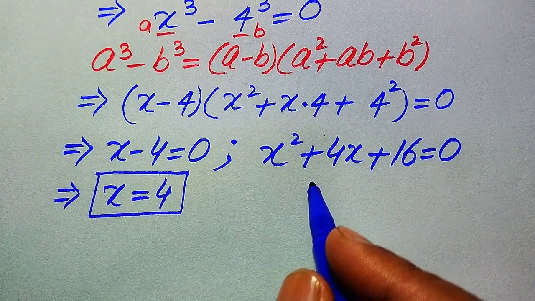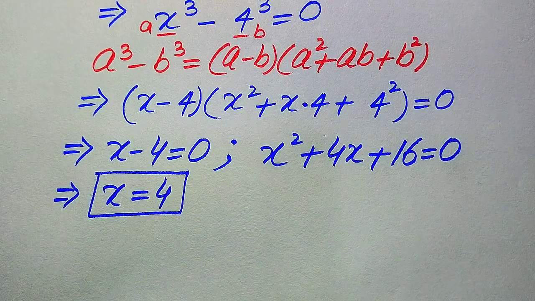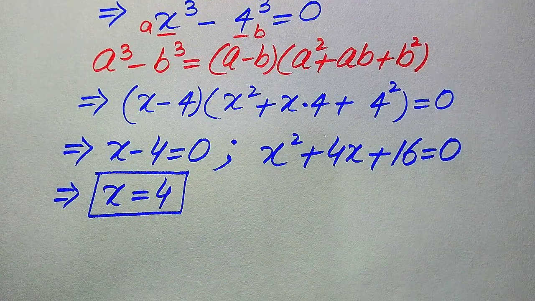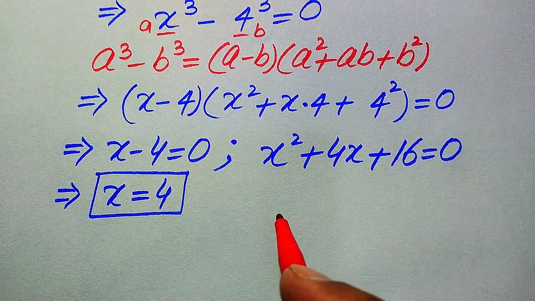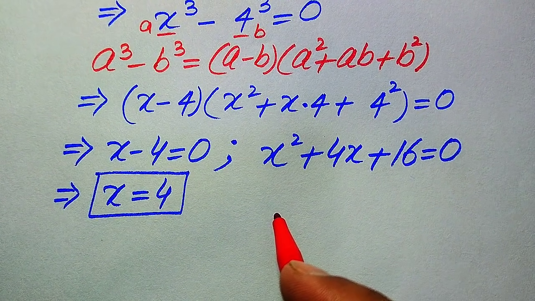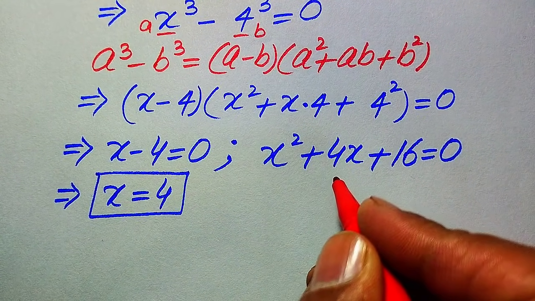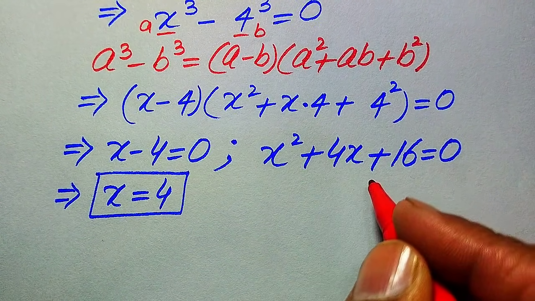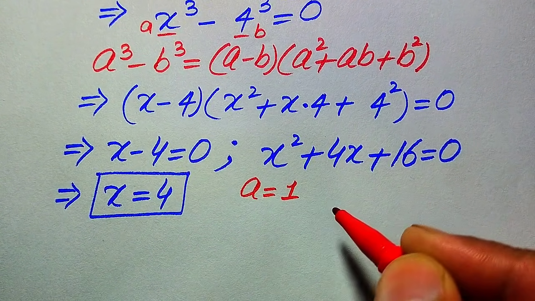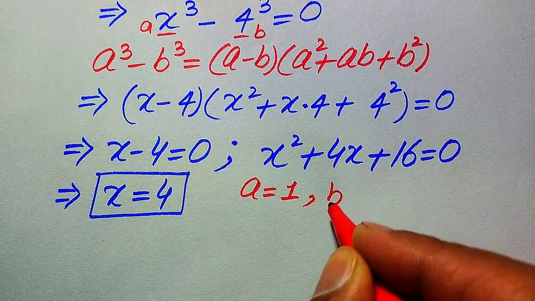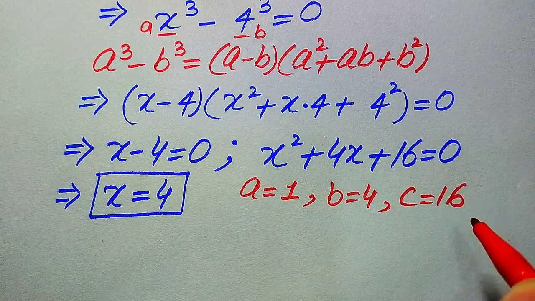Now in order to find the other two roots, we need to solve this quadratic equation. You know that there are three methods to solve a quadratic equation. The first method is the factorization method, the second one is the completing square method, and the third one is applying the quadratic formula. Here we apply the quadratic formula, and for this we need to write the coefficients of this equation: a equals 1, b equals 4, and c equals 16.